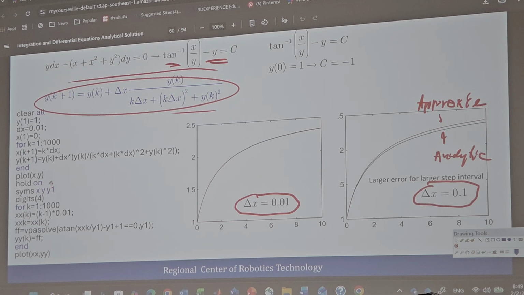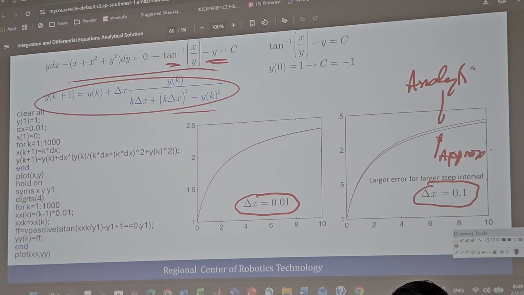Okay, actually, this one is first, so we switch a little. We start from this one, so this is approximation. This one is from analytical solution.